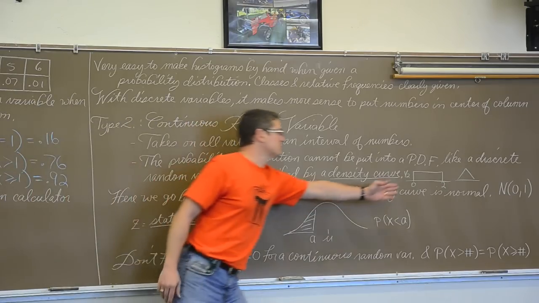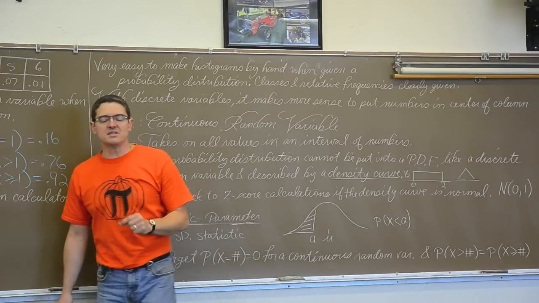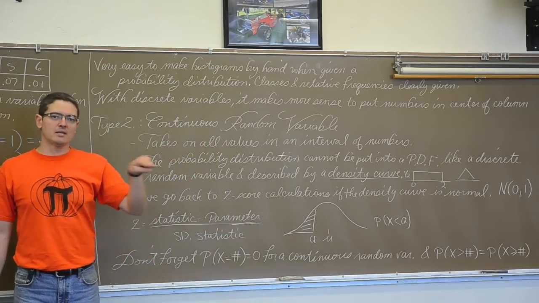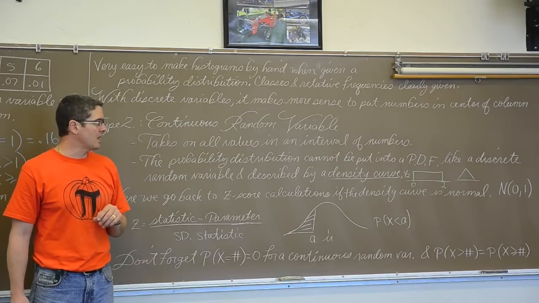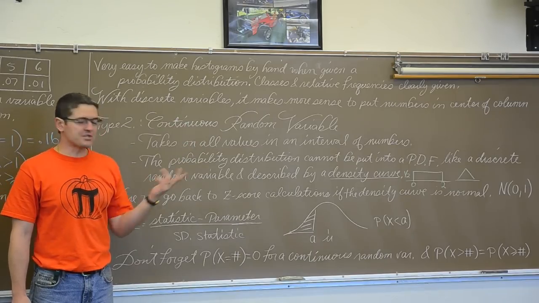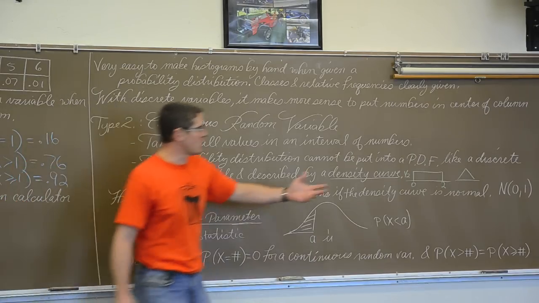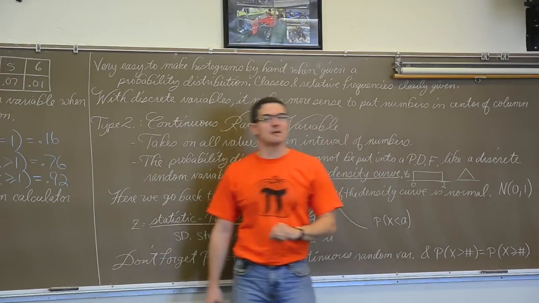If you have just a rectangular density curve that represents a completely random variable where every outcome is equally likely, you just do length times width. Or maybe you have a triangular shape and you're doing 1/2 base times height.